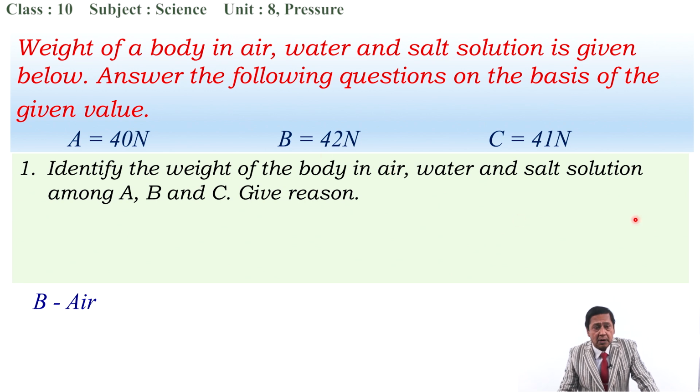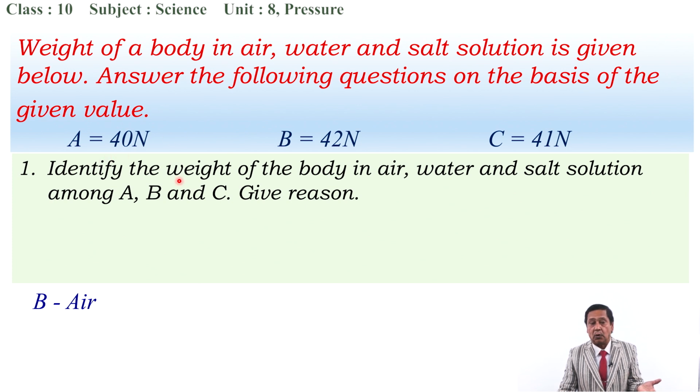Now, what do you think about C and A? When the same body is immersed in water and salt solution, which one exerts more upthrust, water or salt solution? Certainly, salt solution exerts more upthrust because it is denser than water, and upthrust depends upon the density of the liquid. The more the density, the more the upthrust. That's why in salt solution, its weight will be minimum.